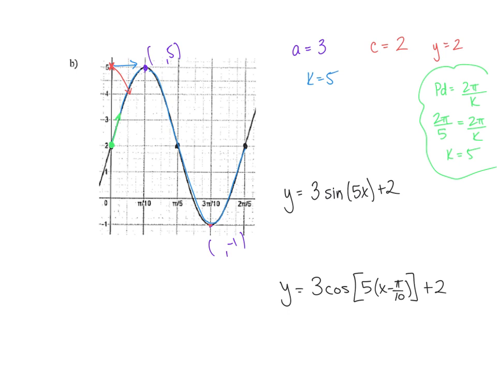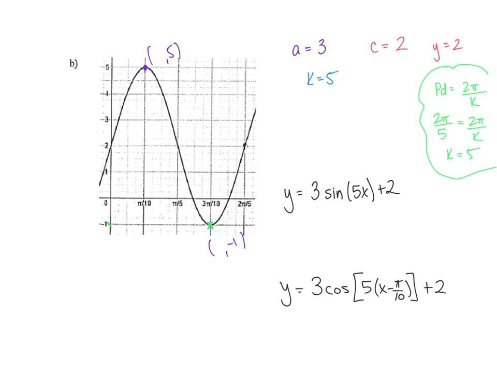And so that would allow me to write both a sine and a cosine function. But those are just some of many options that we have. So if I reflected my curve at 3 pi by 10, I have my minimum.